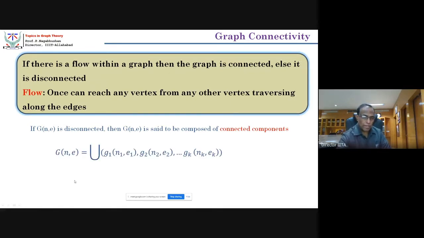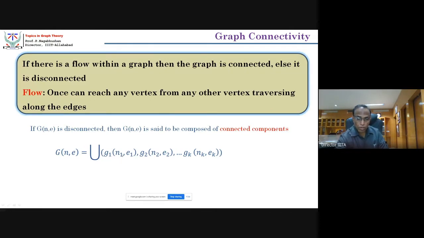Mathematically, I can express a graph as a union of several components. G1 is one component, G2 is another component, like that Gk is another component. It's a union of several components. Each component is a connected graph. Each component itself is a graph by itself, and therefore it satisfies all the requirements of a graph.